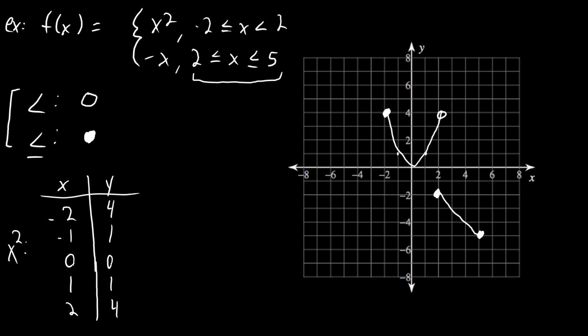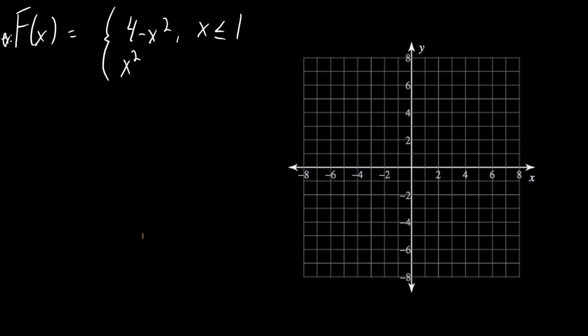Right? And this whole graph is f of x. Okay, and if we want to be specific, this is x squared, right? And then this is -x. But really this whole graph is just your function, f of x. It's just your piecewise function. Okay, let's move on to the next example.